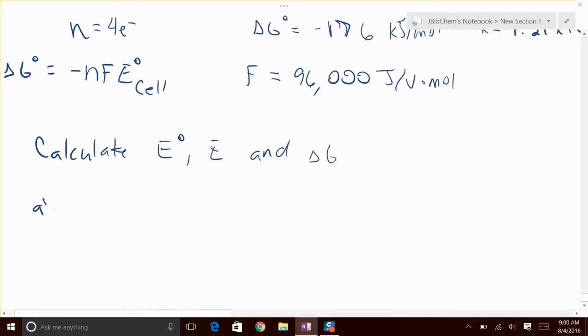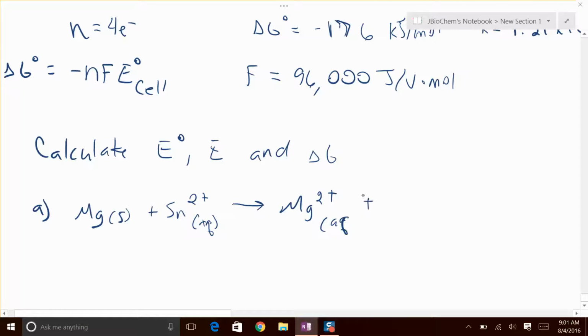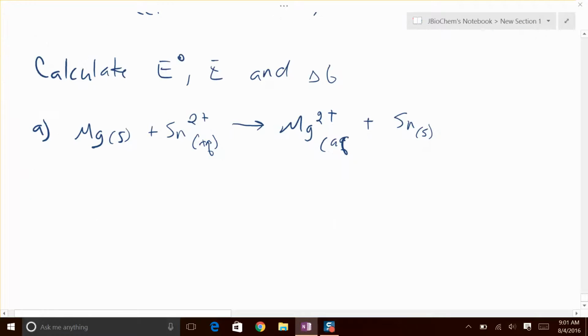So A, we have magnesium plus tin. Oh wait, and then you need more information.